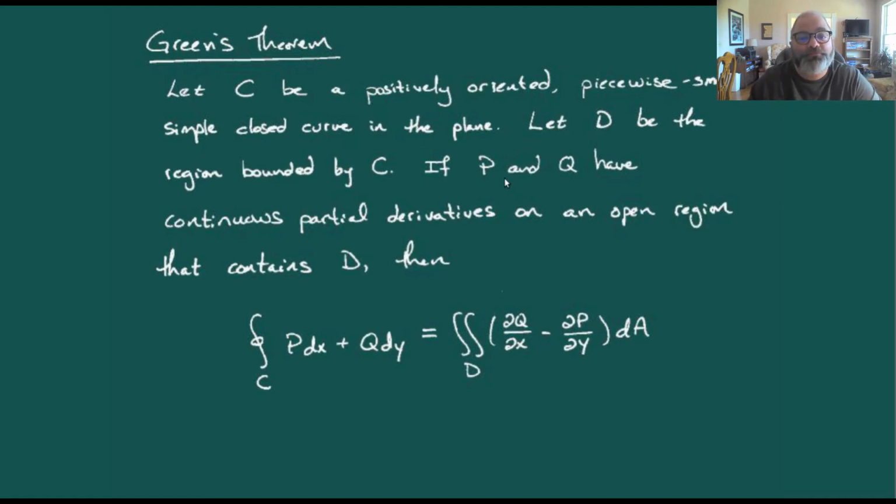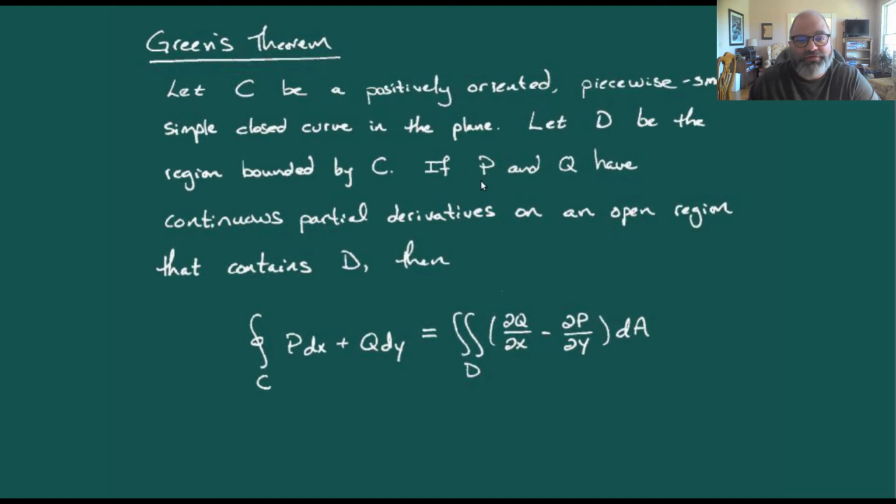Now we've got a region D in the plane, and the boundary of that region is our curve C that we can give a positive orientation, and we can parameterize with a finite number of smooth functions.